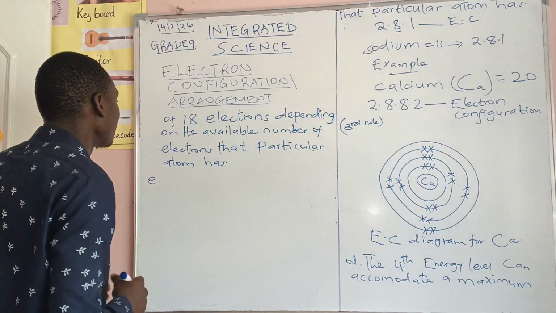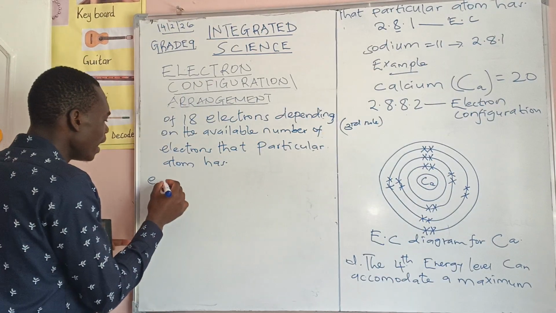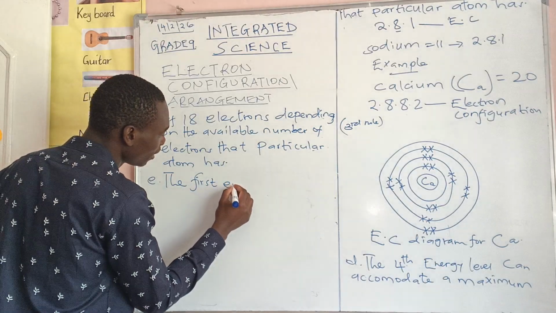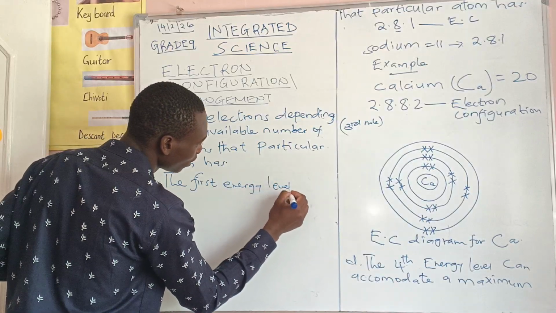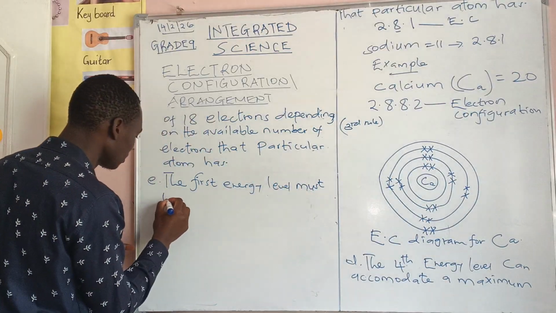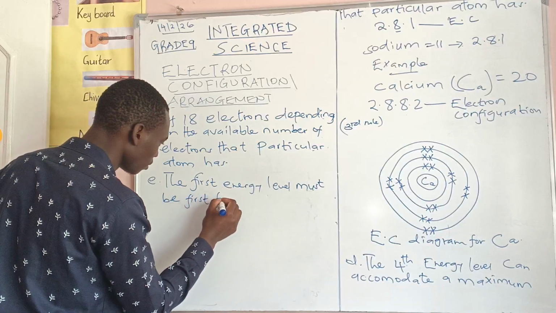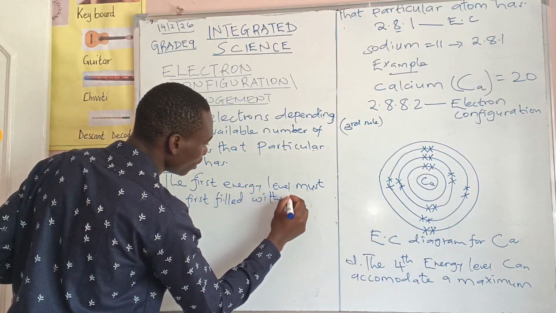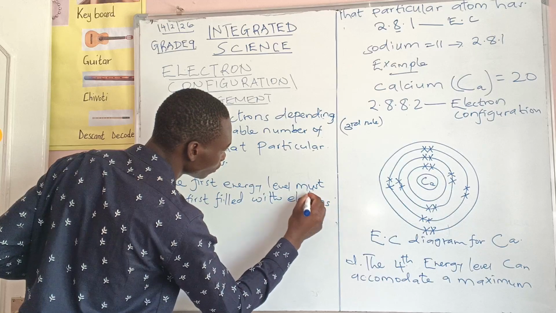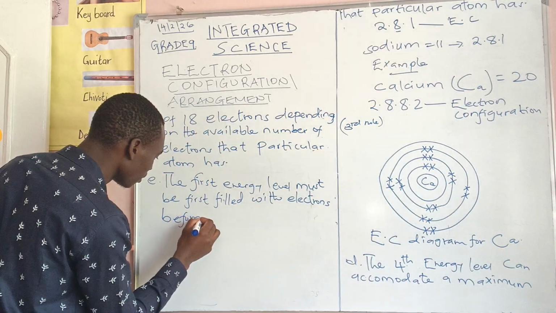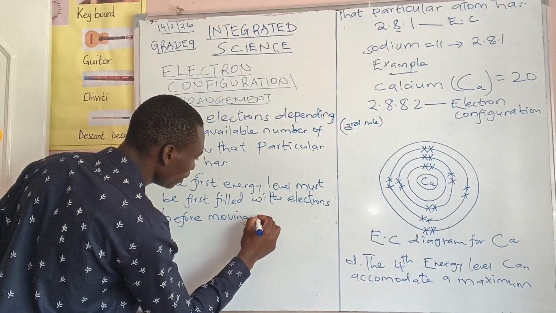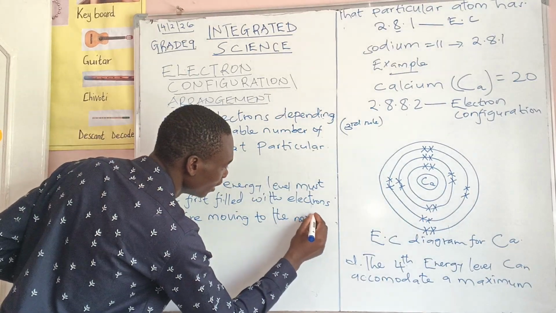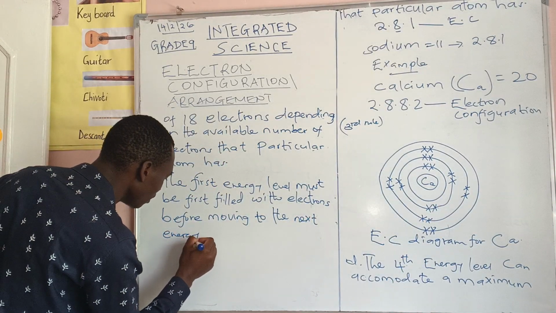18. But now the last rule says that the first energy level must be first filled with electrons before moving to the next energy level.